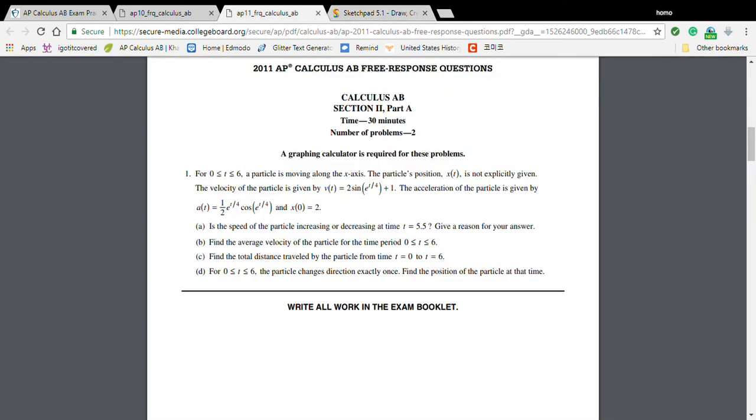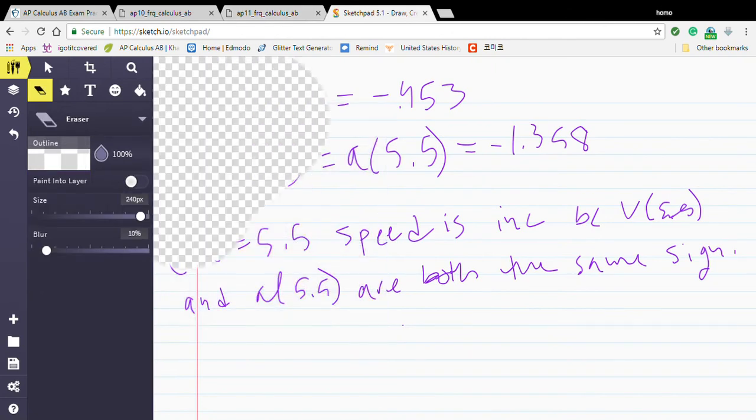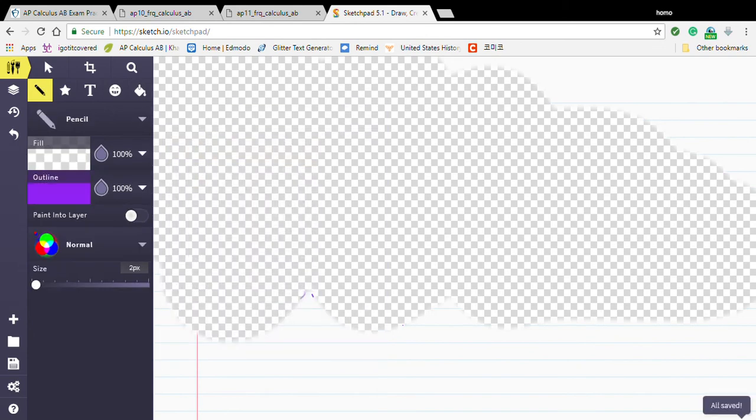Part B says find the average velocity from 0 to 6. We know the formula for average velocity is 1 over b minus a times the integral.